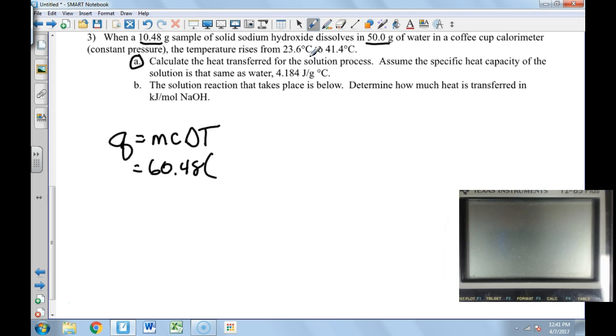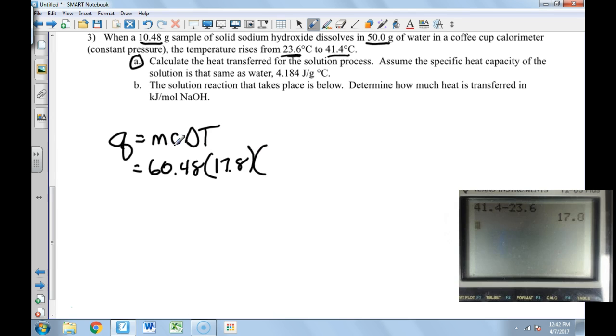Now, the change in temperature is 41.4 minus 23.6, and so the change in temperature is 17.8. The final temperature minus the initial temperature.